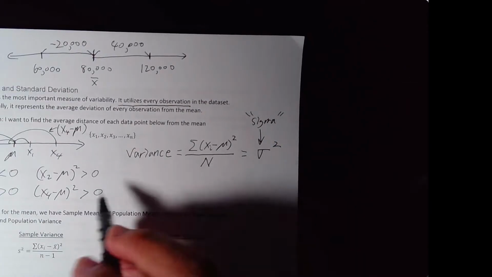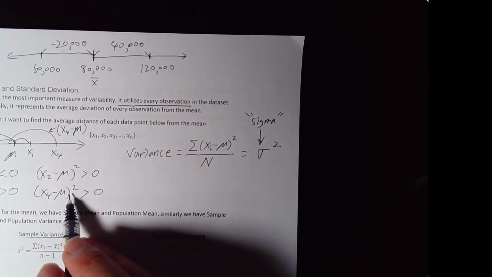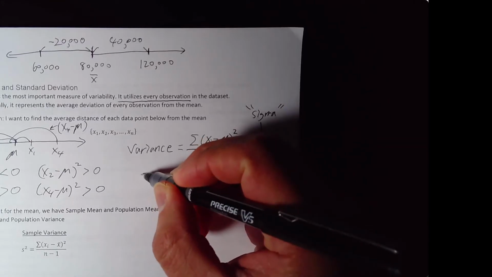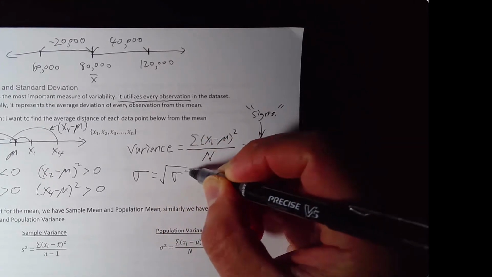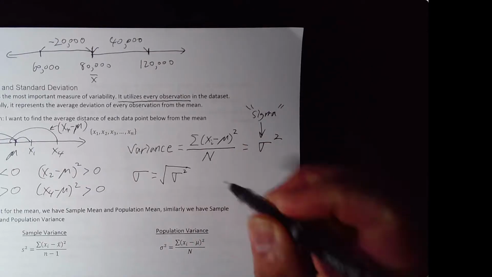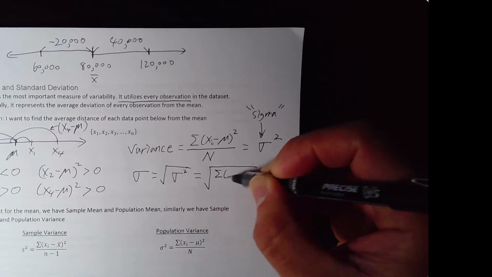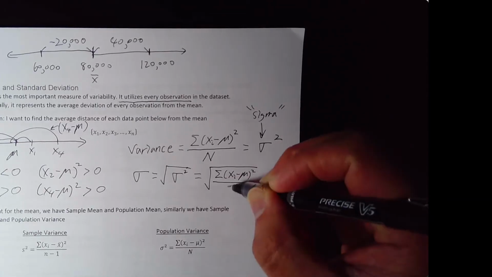But remember, we want the average distance. We've squared everything, so now all the units are messed up. We need to unsquare it. We need to take the square root. So what we really want is sigma. We take the square root of sigma squared, which is the variance. That means we take the square root of the summation of xi minus mu squared over n.